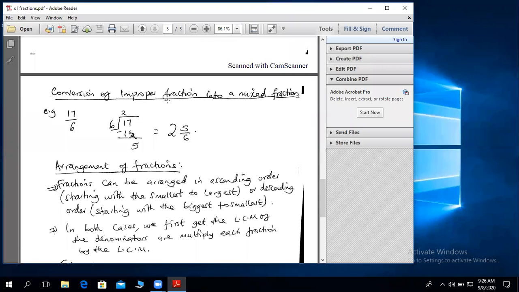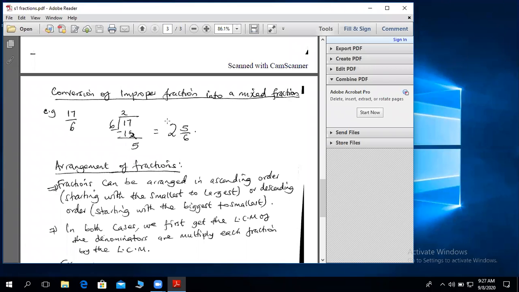If you want to convert an improper fraction to a mixed fraction, you can use long division. It becomes 17 divided by 6, and the answer is 2. But there is a remainder. So if you get 2, you multiply it by 6, you get 12, and 17 minus 12, you get 5, and it gives you 2 whole number and the remainder, which is 5 out of 6.